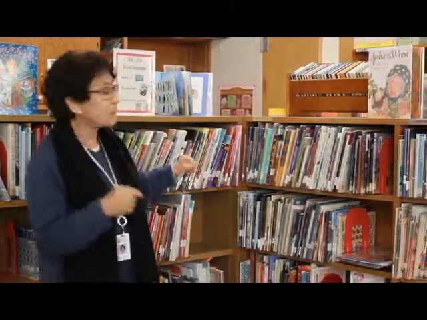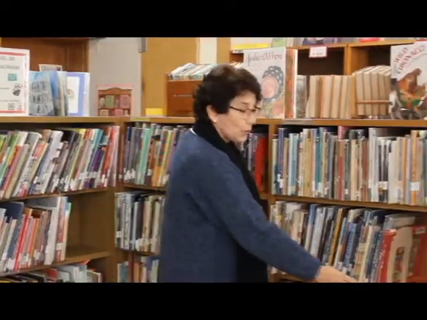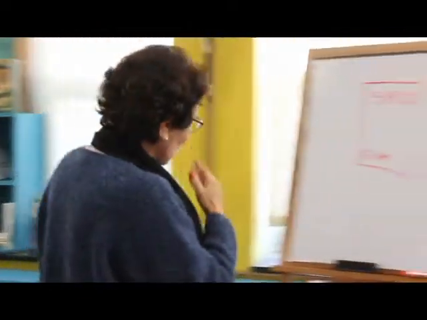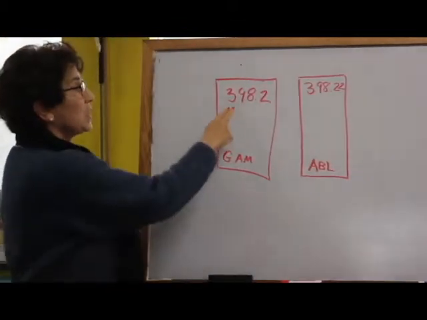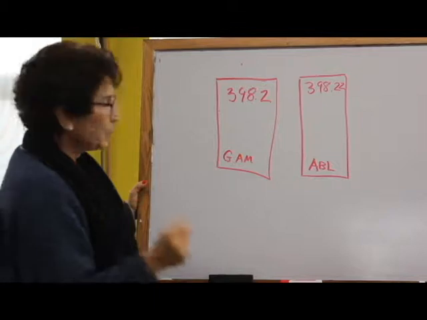So the 300s go all the way here, across, down, across, down. These are all the 300s. I do want to say, if you look over here, I put this on the board because here's 398.2 and here's 398.22.